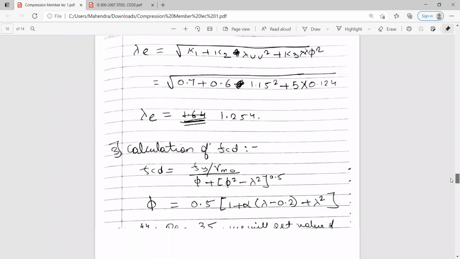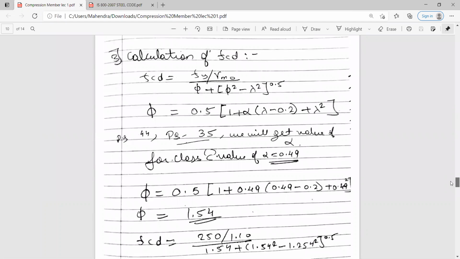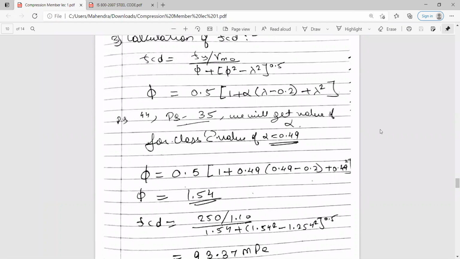How much value did you get for the slenderness ratio lambda? Lambda is 1.25. So 1.25 you have to substitute in place of lambda. But it is written here as 0.49. No, you have to substitute 1 point whatever you had got.